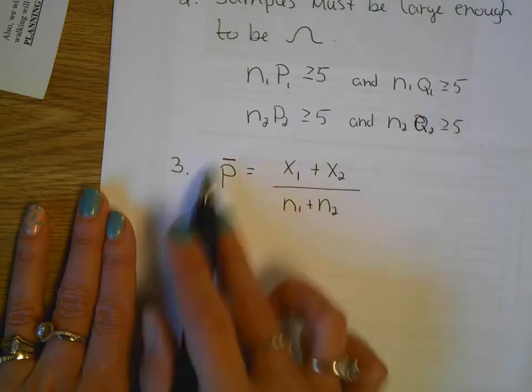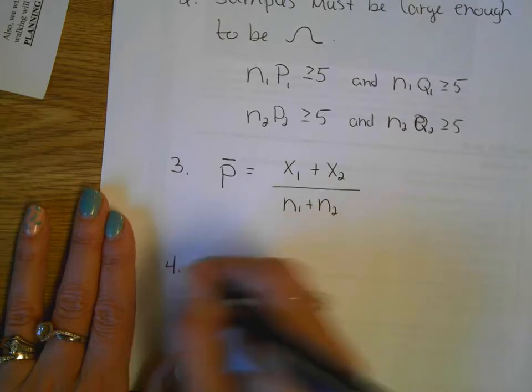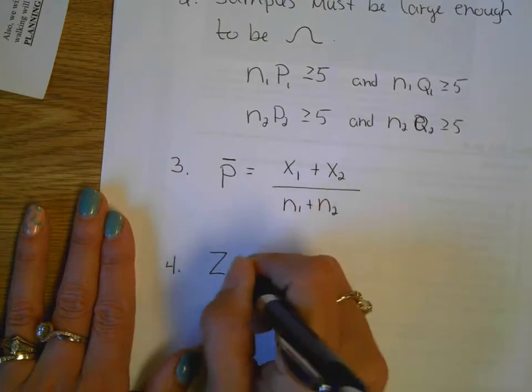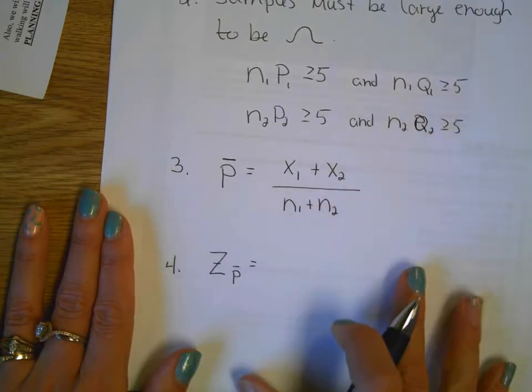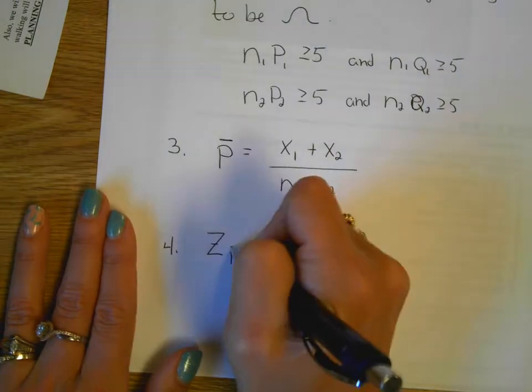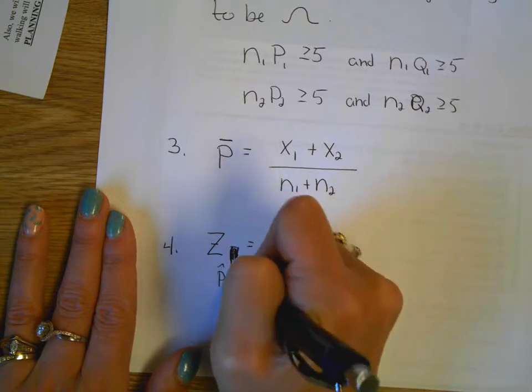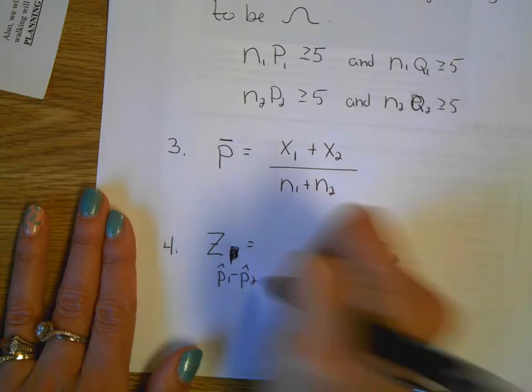And then we've got to turn this into a z-score. So the z-score for P bar. Oh, not P bar. I lied. Not for P bar, it's for P hat 1 minus P hat 2.